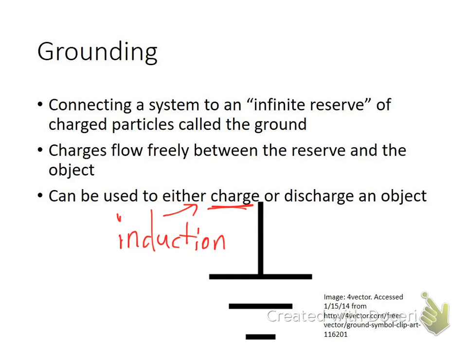Or, if a neutral object is near a negative object, and the neutral one is then grounded, electrons on the neutral one will flee into the ground to get away from all those nasty little electrons that are nearby. In either case, you're taking a neutral object, and you are either throwing electrons on, making it negatively charged, or taking electrons away, making it positively charged.